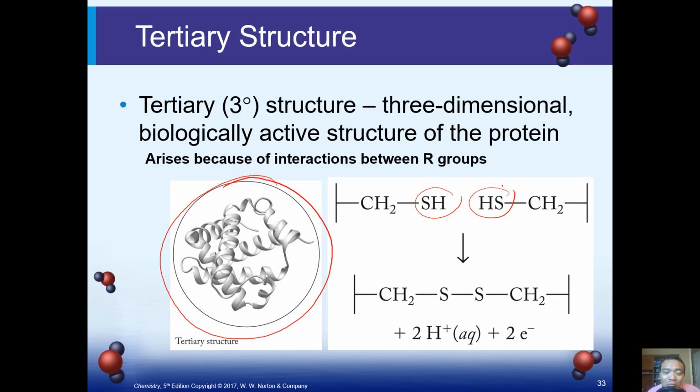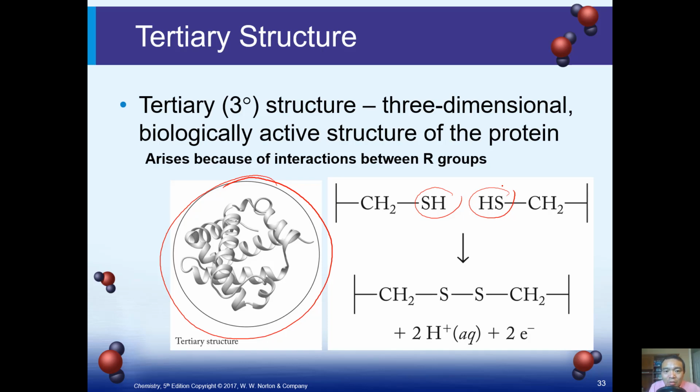Okay, that's why our hair becomes curly. So tertiary structure involves the intermolecular forces, which result in different 3-dimensional features.